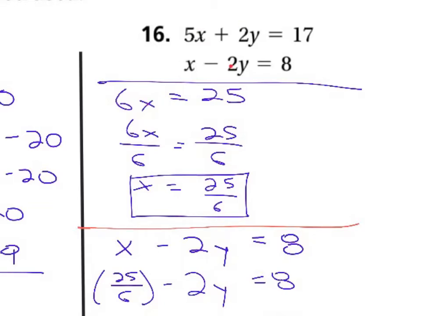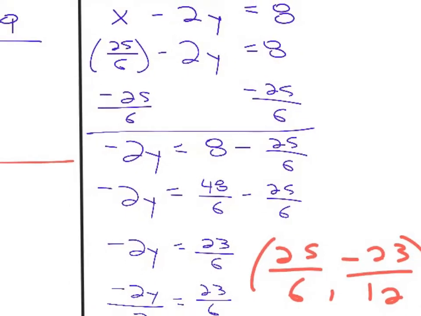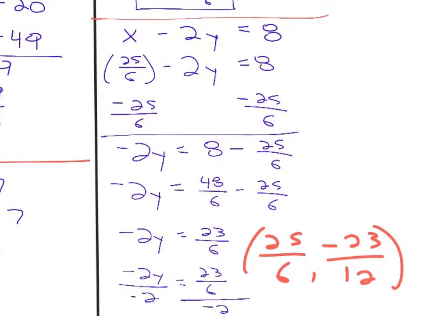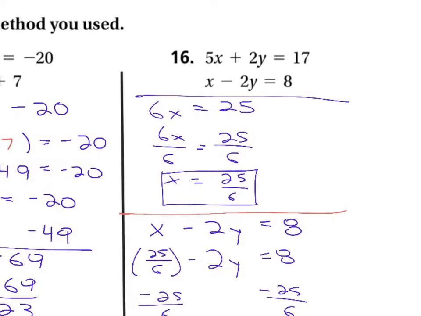5x plus x is 6x. These y's go away, and then this becomes 25. So then when I divide both sides by 6, we get 25/6. Not a nice, neat number. And of course, when you substitute that in, you get another fraction resulting. But it's really about what method you should use, and I found the best method would be elimination since these had opposite coefficients on the y variable.